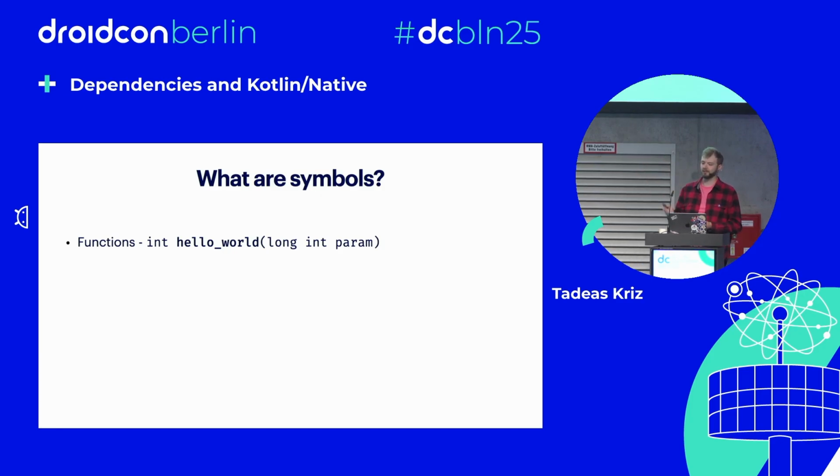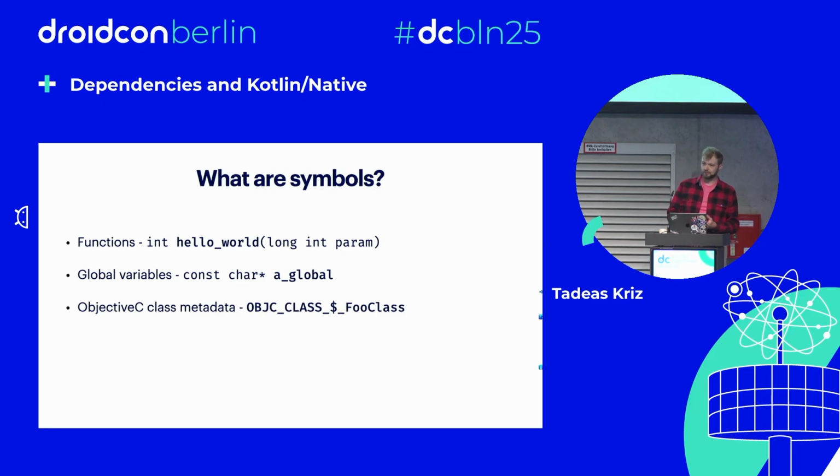We won't be able to declare another hello world with no parameters. We would have to name it differently, with an underscore or 0 in the name. So that's how you get all those strcpy, strncpy, and all of these weird overloads that need to change the name. And then global variables are also symbols. So we could not have a function hello world and at the same time a global variable hello world, because they would clash and we would not compile that.